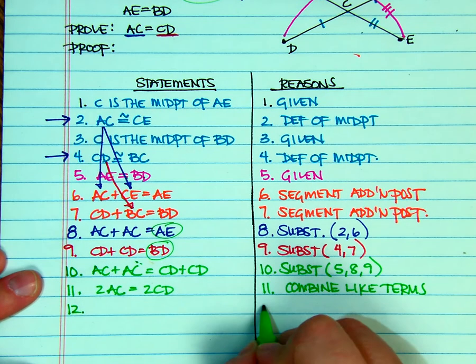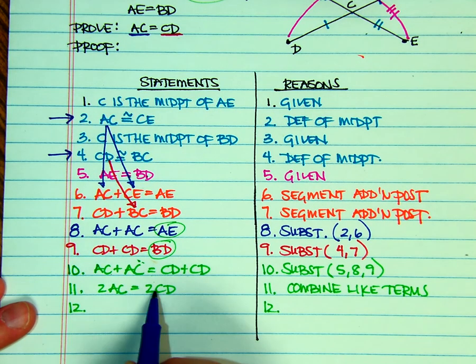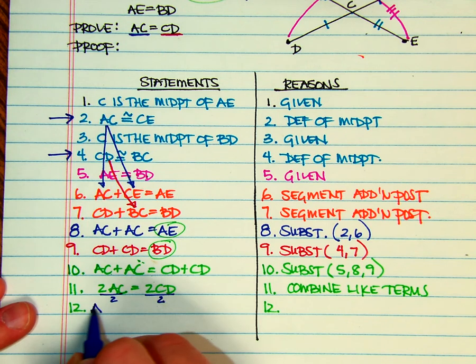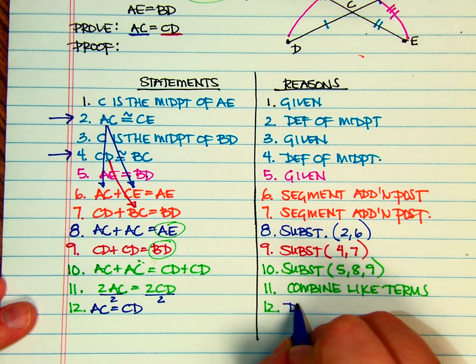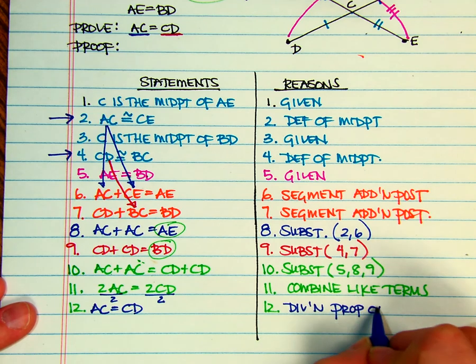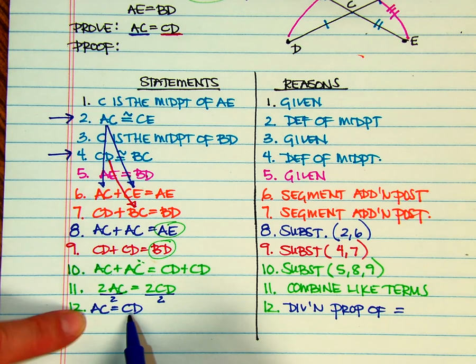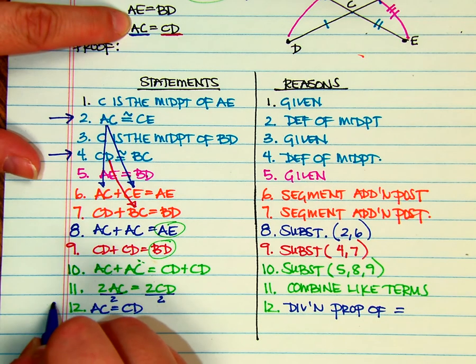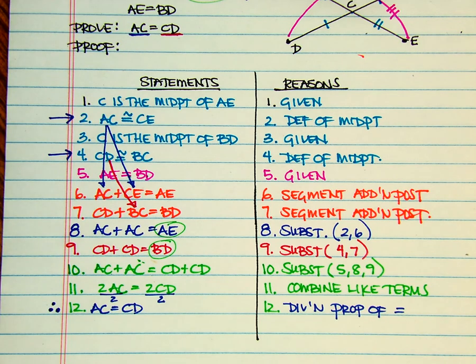And so now what I notice is that they both have a 2. So if I divide both sides by 2, I get AC to equal CD. So this would be the division property of equality. And this matches my proof. So I'm done.